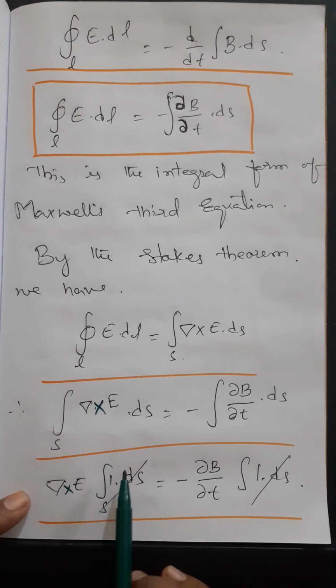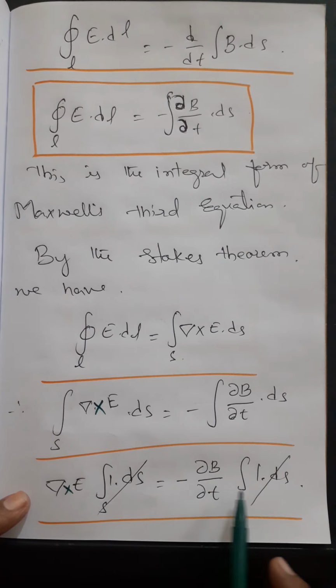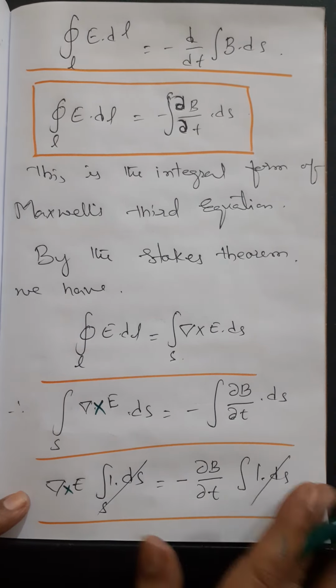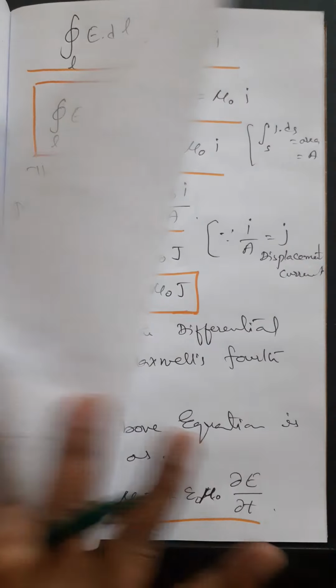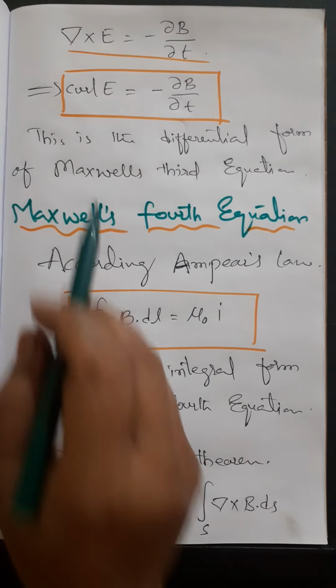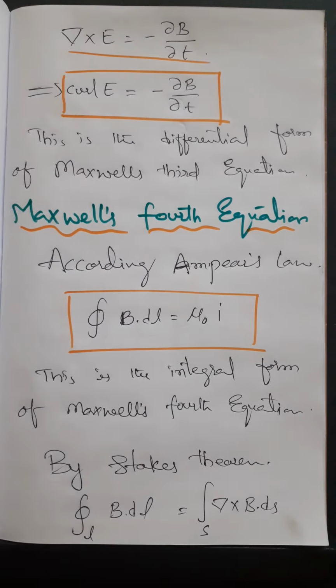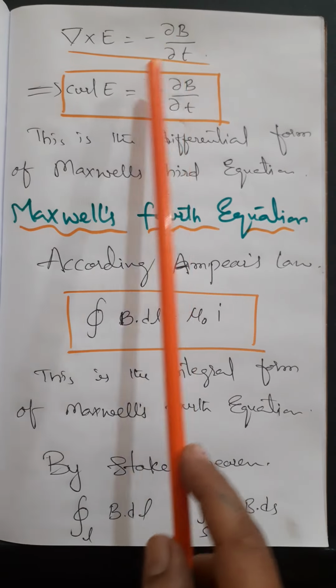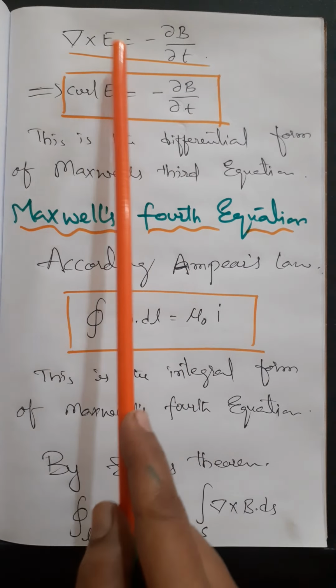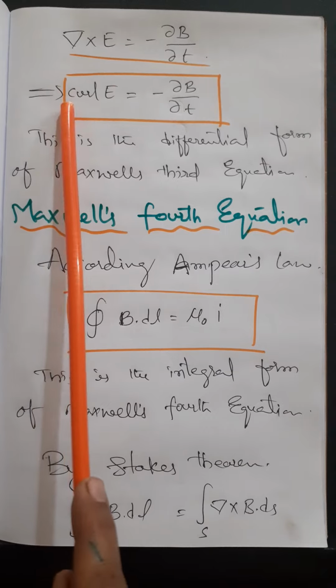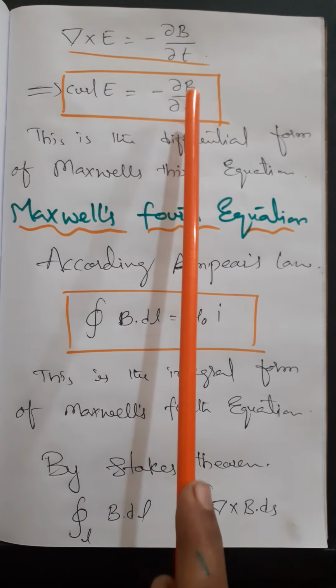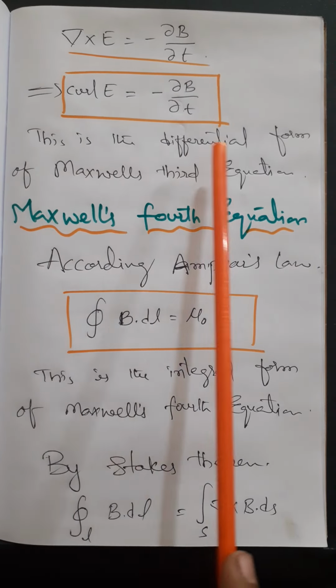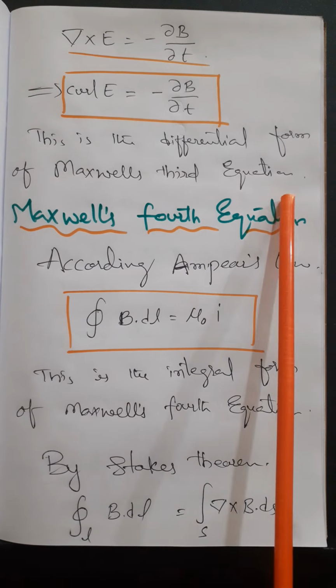Next, on both sides ds gets cancelled. Then we get del cross E is equal to minus dou B by dou t, or del cross E, which we call curl E, is equal to minus dou B by dou t. This is the differential form of Maxwell's third equation.